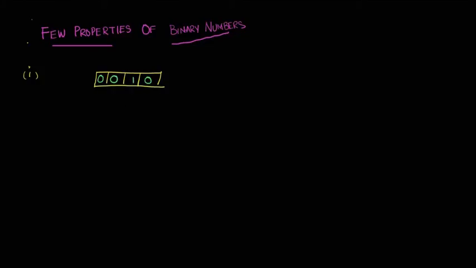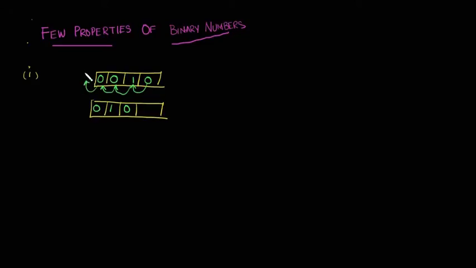Now let us suppose we shift all these bits towards the left by one position. This is the register, and if we shift the values, this 0 goes to this position, this 1 goes to this position, and this 0 goes to this position, and this 0 is lost.